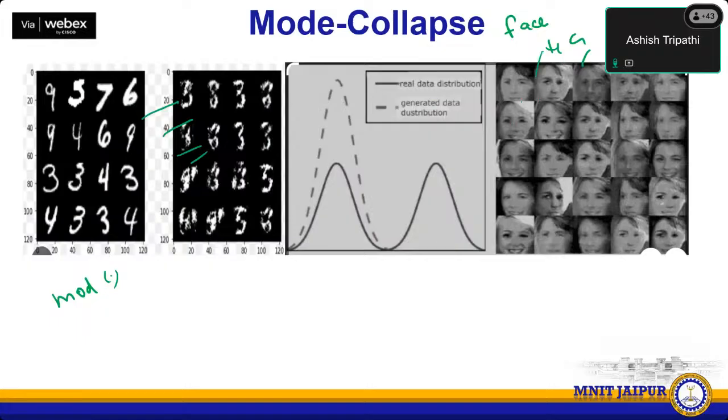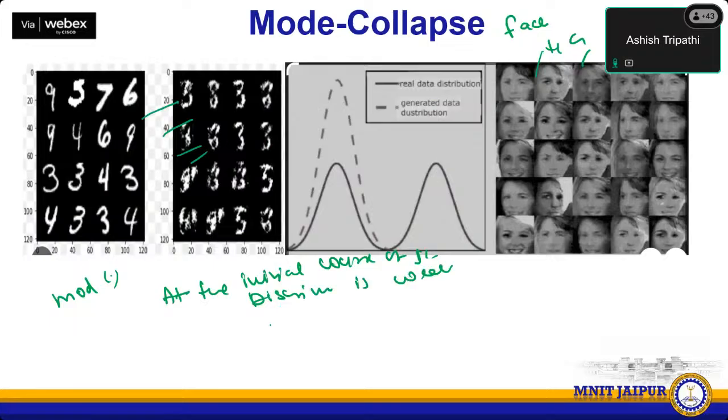Why does this problem actually come? This problem comes when, in the initial course of iterations, my discriminator is loose enough. Yeah, you can say weak.